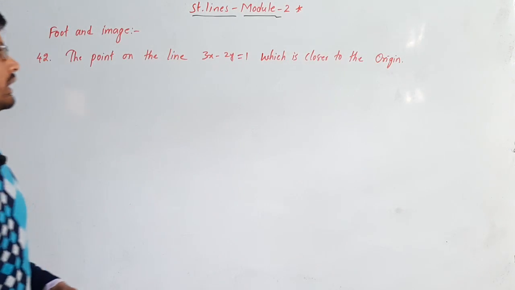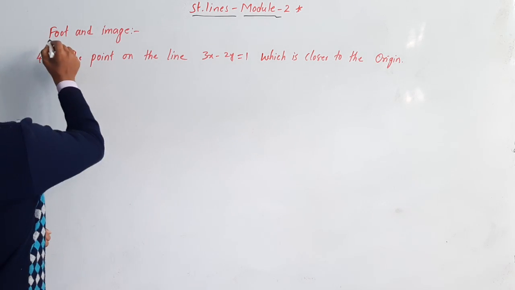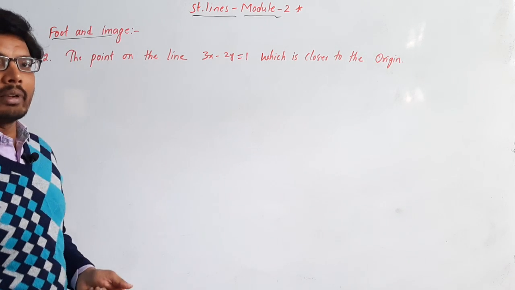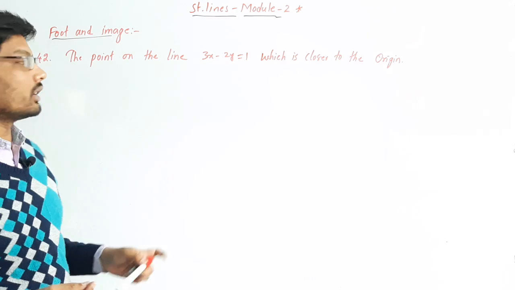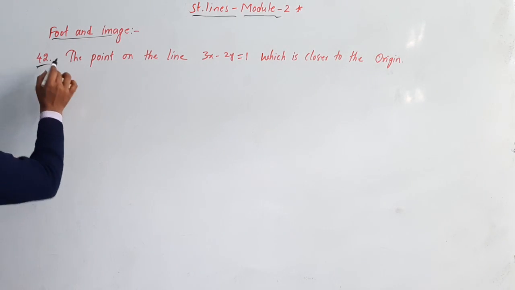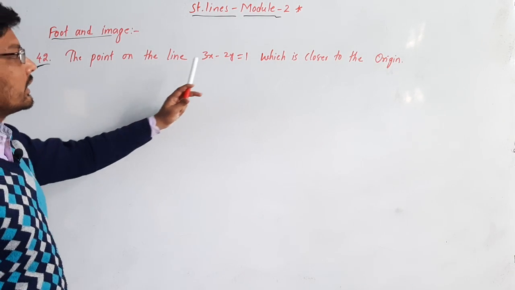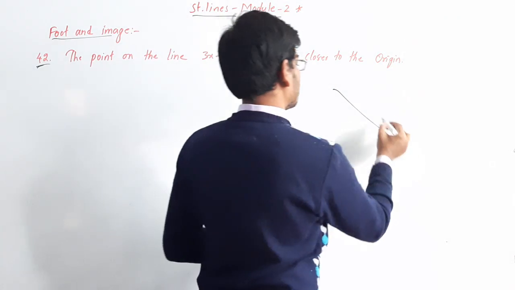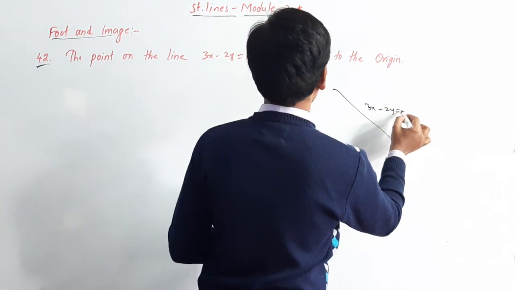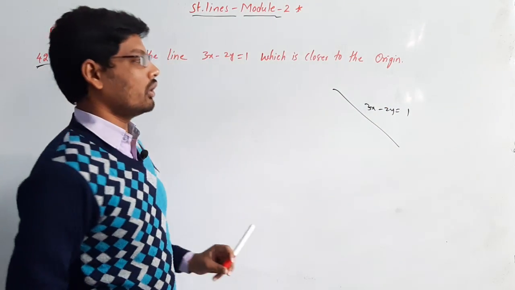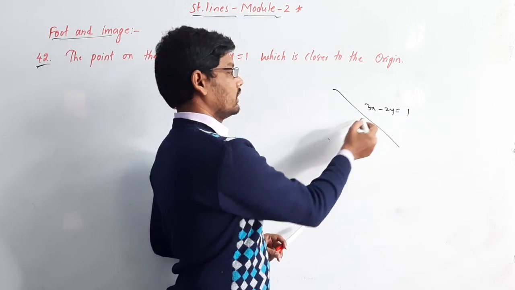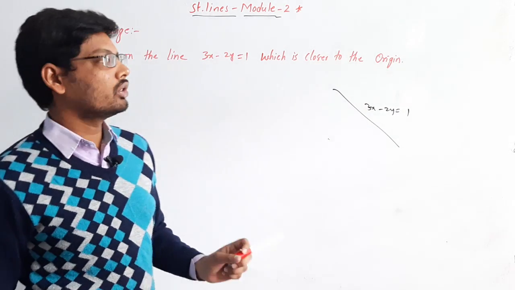The topic is foot of the perpendicular and image. The question is, the point on the line 3x minus 2y is equal to 1 which is closest to the origin.